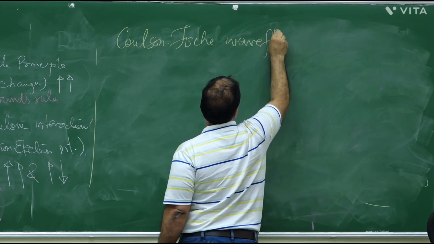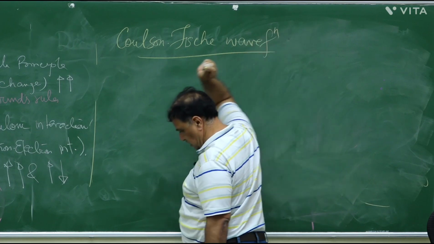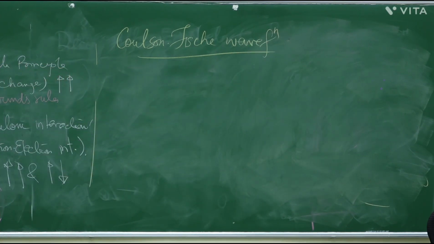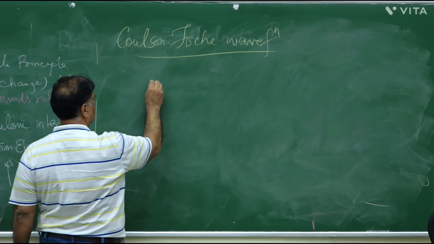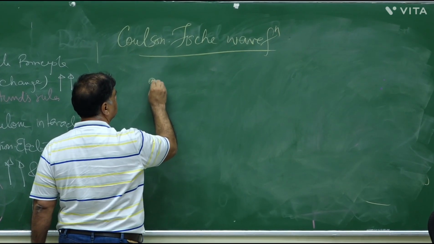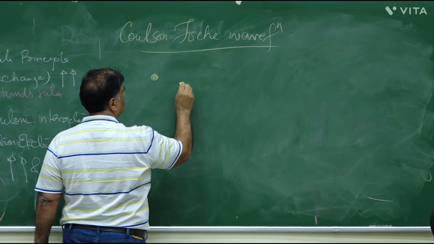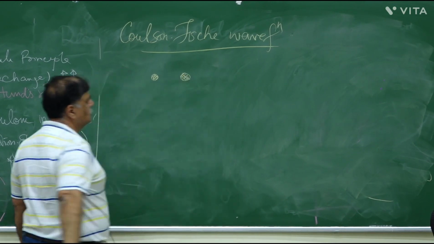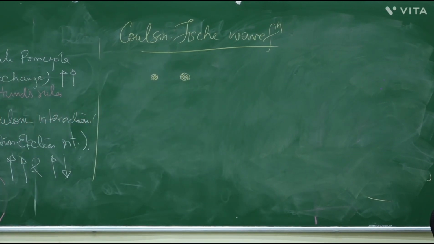I've been after it for a long time, but haven't been able to do much with it. But I think it's a very good wave function, and I've given an assignment problem on this also. Okay, what it says is, if I take a molecule, and this you can relate again to the metal-insulator transition. Suppose I take a molecule with two centers.